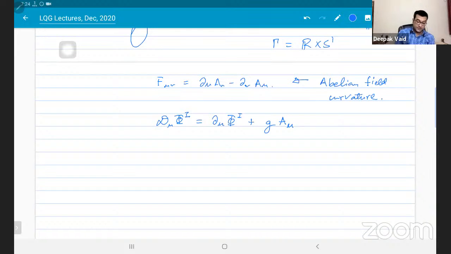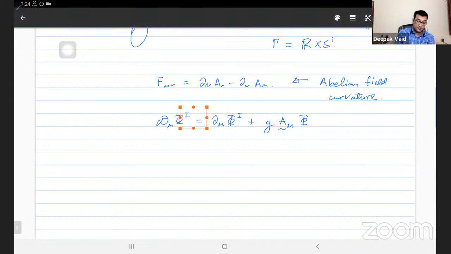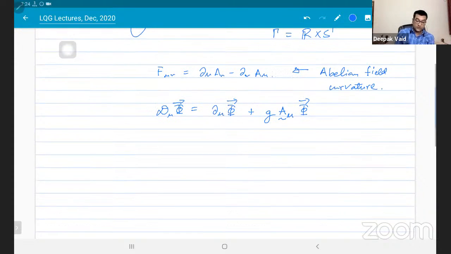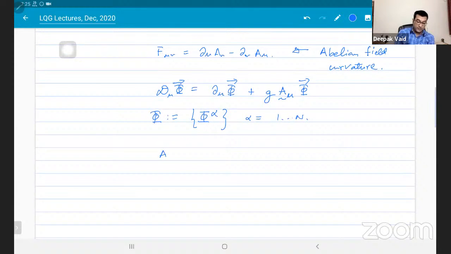And then what would be this i? I would write it like this, acting on phi. Instead of putting an index i, I'll just write a vectorial index. If you want to write it in terms of the components, let's say phi alpha, where alpha goes from 1 to n. And then what is this A mu?